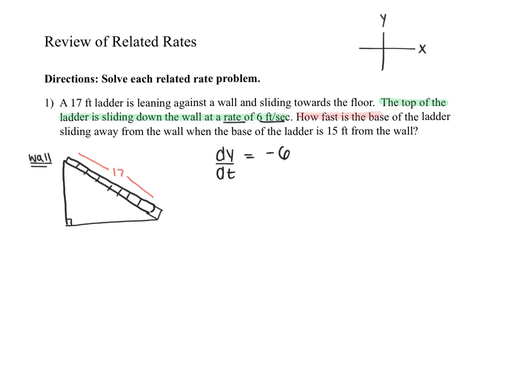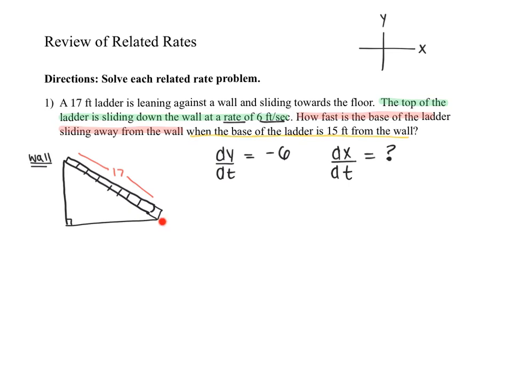So how fast is the base of the ladder sliding away from the wall? That is dx dt. Oops, sorry. So dx dt, how fast is the x changing? We don't know. When the base of the ladder is 15 feet from the wall.